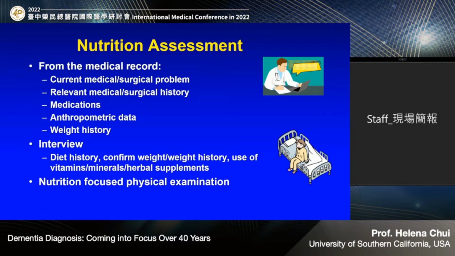If you're able to interview the patient, you will look at diet history, confirm the weight and weight history, the use of vitamins, minerals, and herbal supplements, because this can impact your care plan. And then you will conduct a nutrition-focused physical examination.